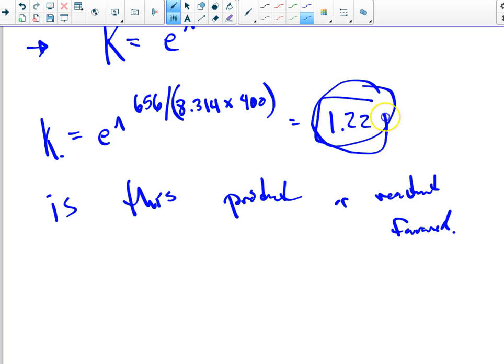If this value is above 1, it is product favored. If it's a decimal, like when we say less than 1, we don't mean a negative value. We mean if it is like a decimal between 1 and 0, we would say it's reactant favored. So this being really close to 1 actually means it's almost at equilibrium with all those numbers we made up.